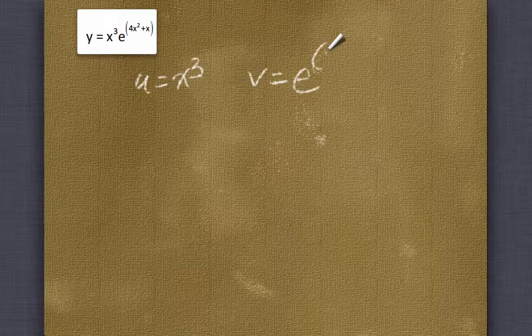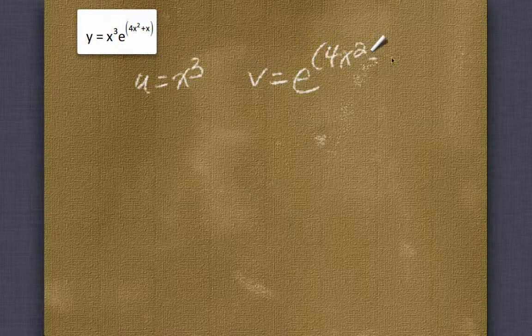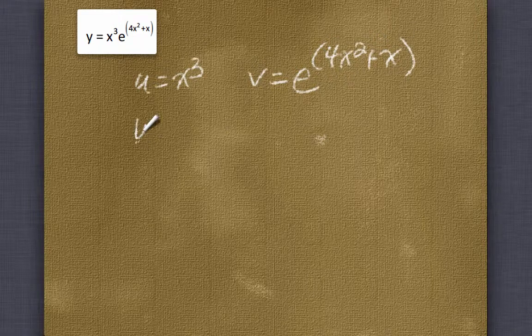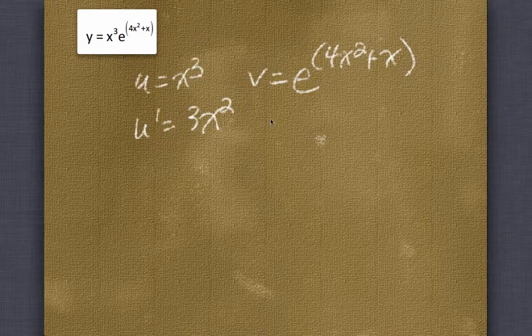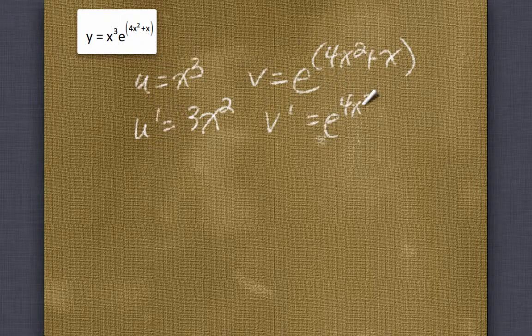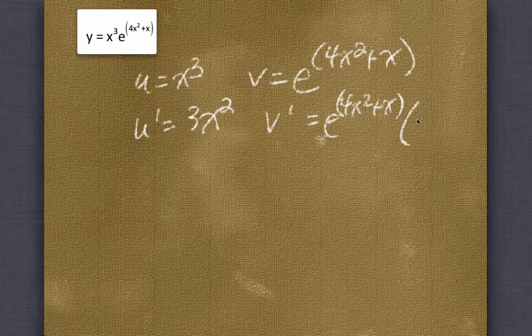Okay, so this one I have a product. So u is x cubed, v is e to the 4x squared plus x, u prime is 3x squared, v prime is, copy down what you see, and then take the derivative of the exponent, so 8x plus 1.